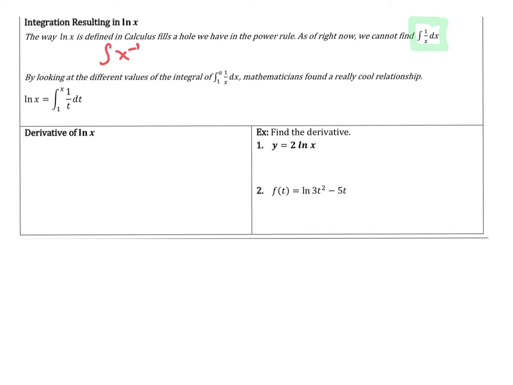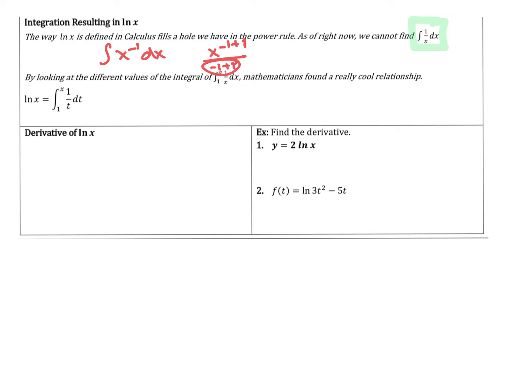I could rewrite this as x to the negative first power dx. If I tried to apply the power rule, I would add 1 to that exponent, and then I would divide by my new exponent. But I'm hoping that right now you realize we have a problem here. This isn't going to work because I'm going to be dividing by 0, and I can't divide by 0.